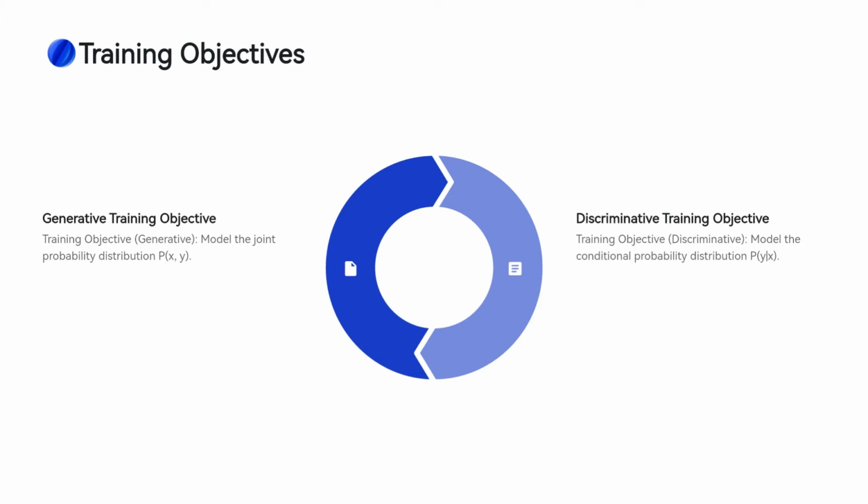One of the most popular generative models is the Generative Adversarial Network, GAN, which consists of two neural networks, the generator and the discriminator. The generator creates fake data that is intended to resemble real data, such as images or text. The discriminator evaluates the data, distinguishing between real and generated fake samples.